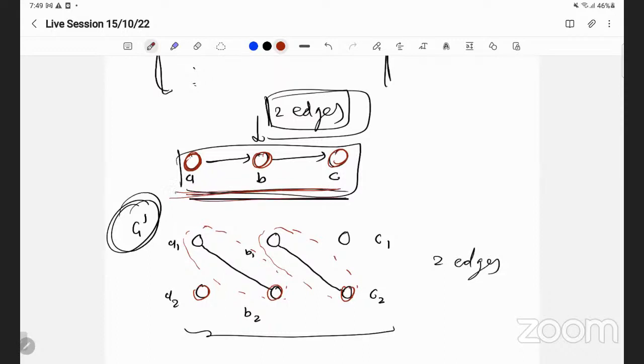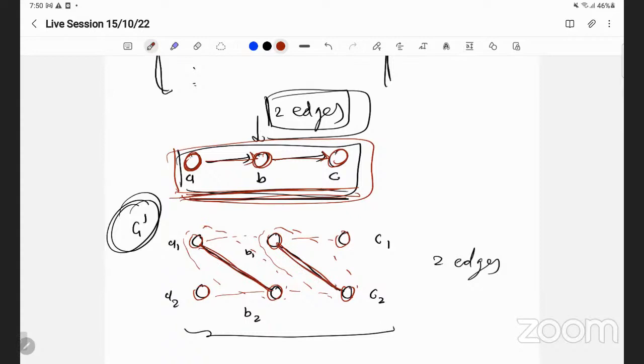Similarly, since the vertices of the path have at max 1 out-degree, the vertices A1, B1 and C1 can be connected to at max 1 edge. I'm not considering the other edges of the graph, there will be other edges also apart from this path, but I'm only emphasizing these two edges which were translated from the two edges of the path. So we can add these edges in our matching, right?